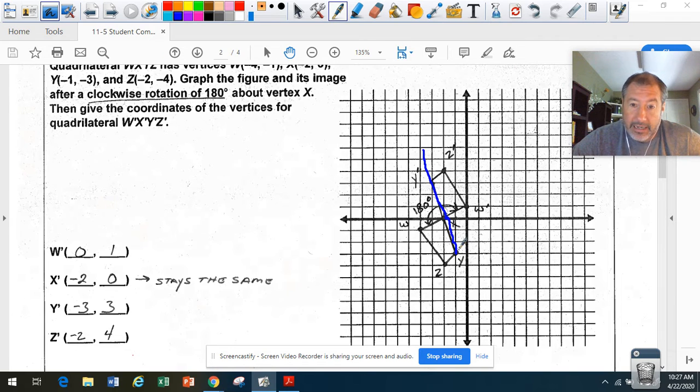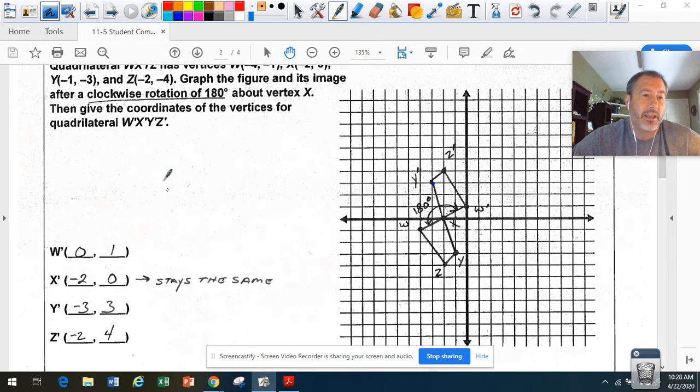Well, if I rise 1, 2, 3 and go left 1, so it's -3 is my slope. I'll do the same thing off the X. Go up 1, 2, 3 over 1, and here's my point for my Y prime. So Y prime is located at -3, 3.